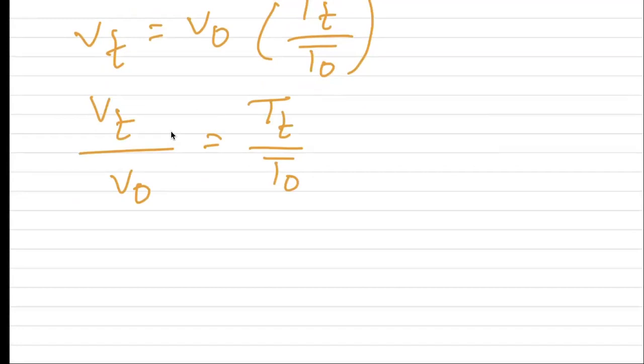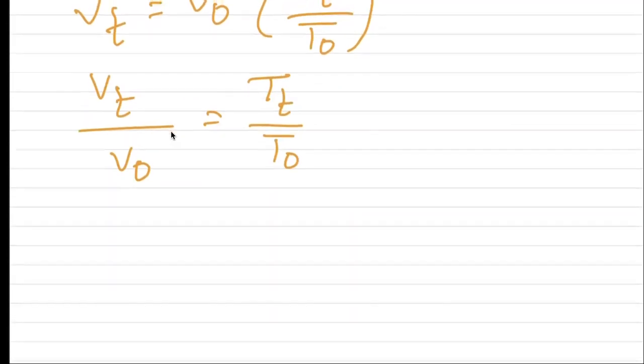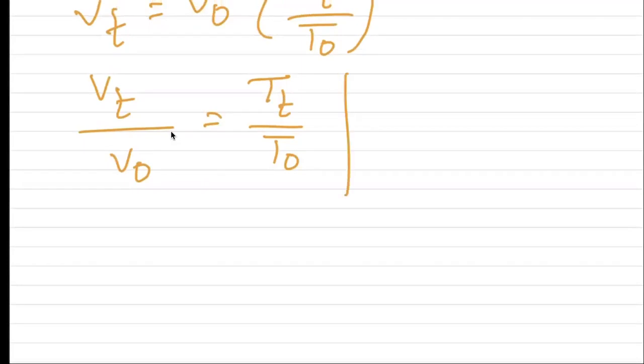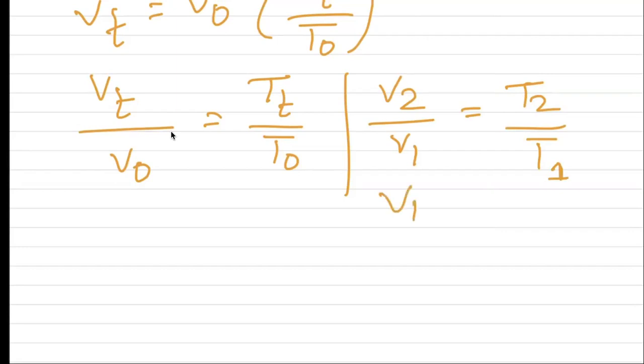Now we can make the equation more generalized. We can write it like this: V2 by V1 equals T2 by T1, or V1 by T1 equals V2 by T2.